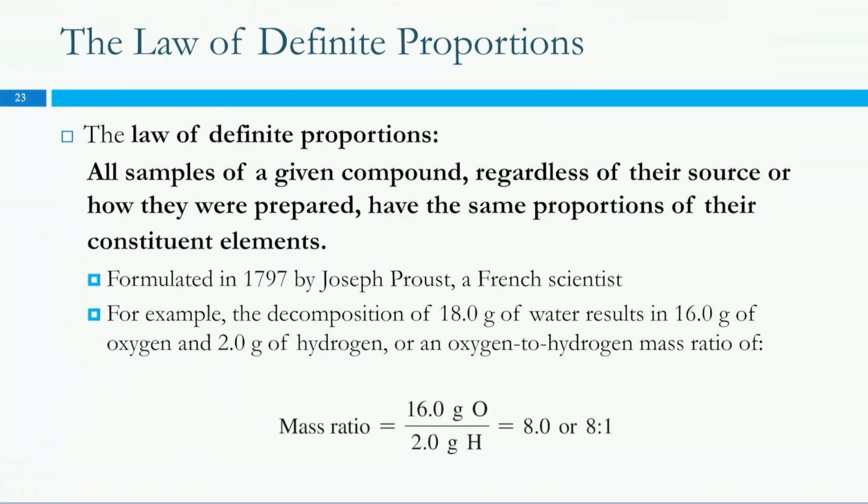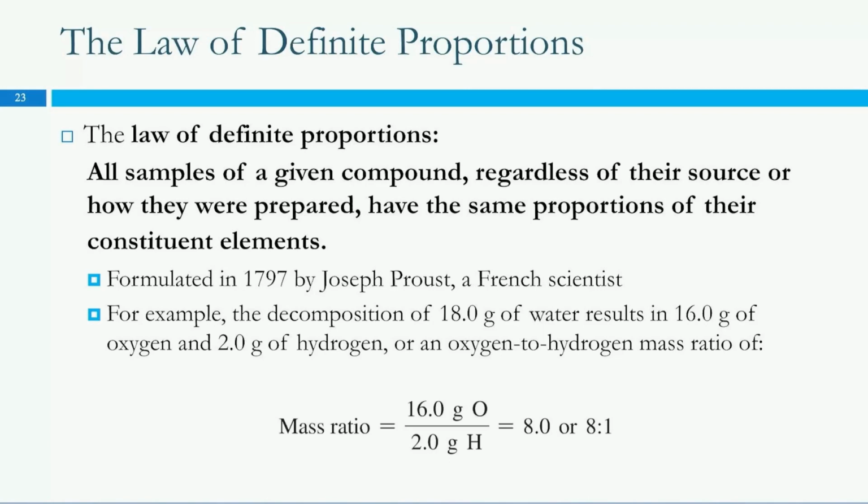So the law of definite proportions, again, says that if we look at any compound, no matter where it came from, no matter how it was created, it will have the same ratio of masses. And if we were able to count the individual atoms in the molecules, the same number of each type of atom, it will have the same ratio of their constituent elements.